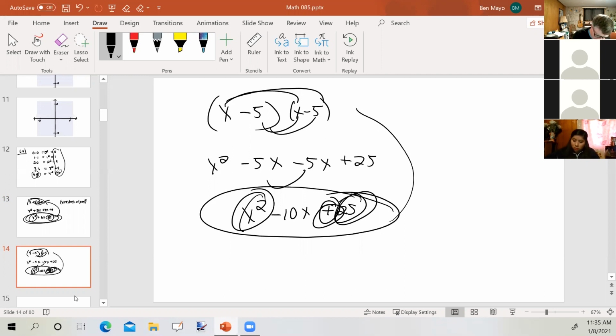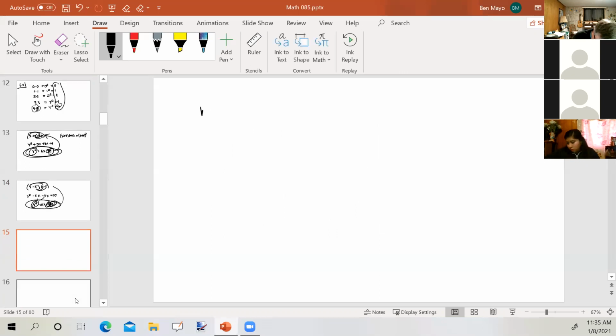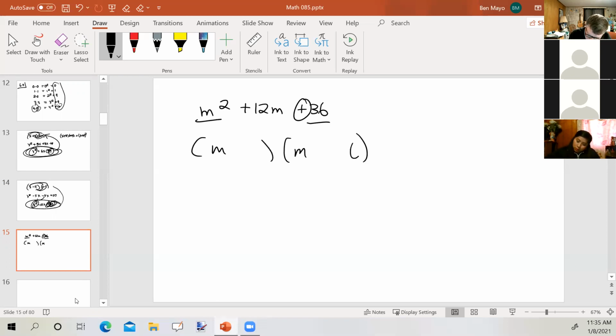Okay, let's start with this one. m squared plus 12m plus 36. Here is a trinomial. It starts with a perfect square, m times m. It ends with a perfect square, 6 times 6, and there's a plus sign there. So its factors might be that. Again, if it's a perfect square, the factors are identical.